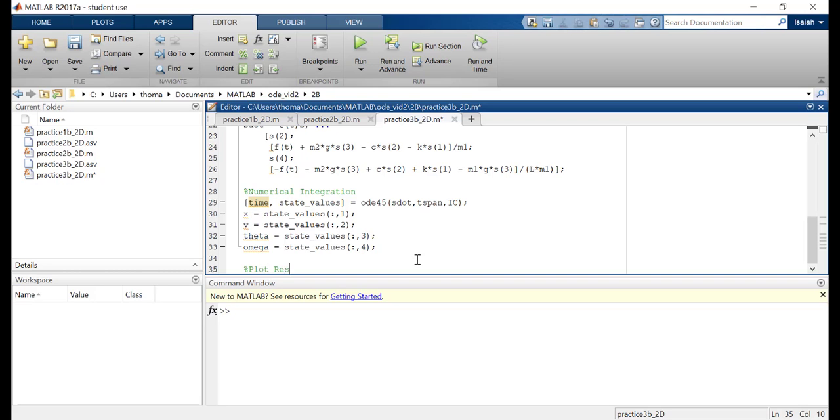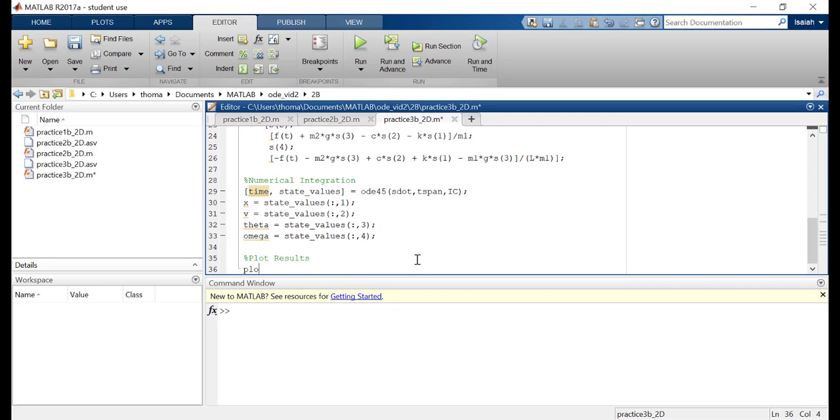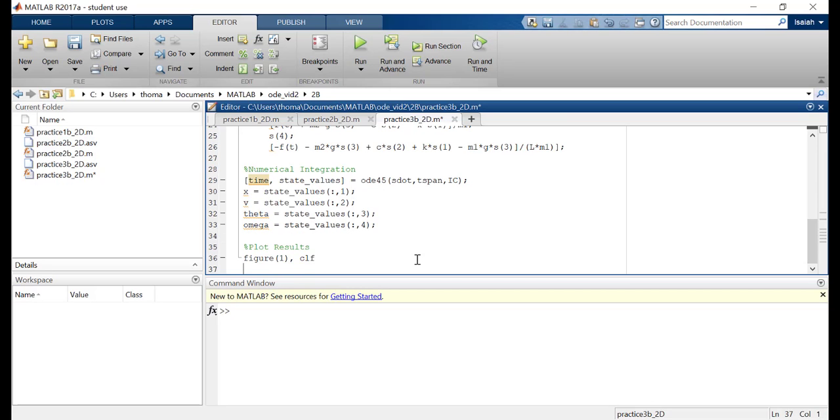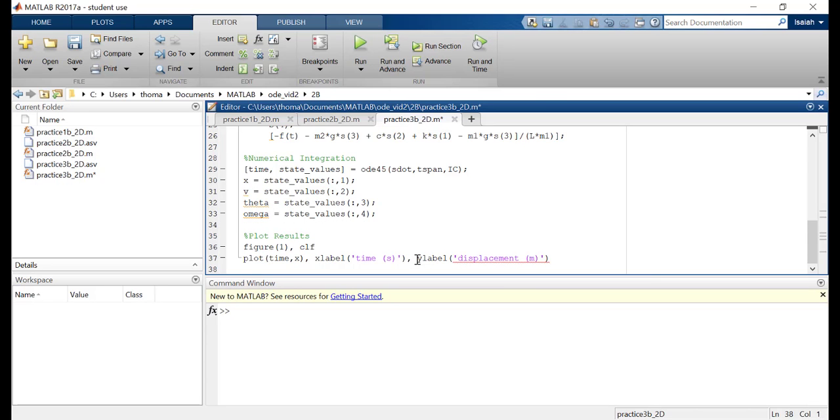And now to see our results, let's go ahead and plot some stuff. I'm going to plot the displacements specifically. I want to point out that it's extremely important, if you're using things like small angle assumptions or small oscillation assumptions, that you check your results, because if your oscillations aren't actually small, then your assumption is incorrect.